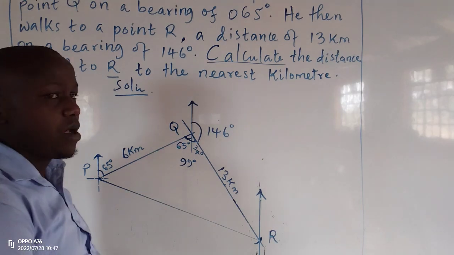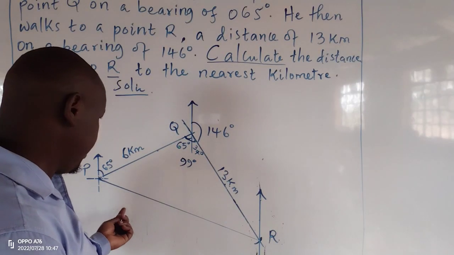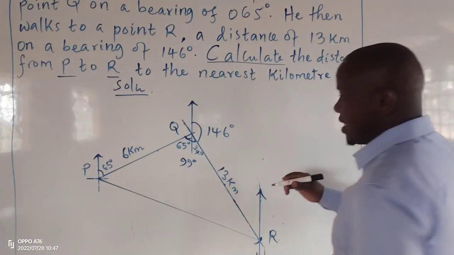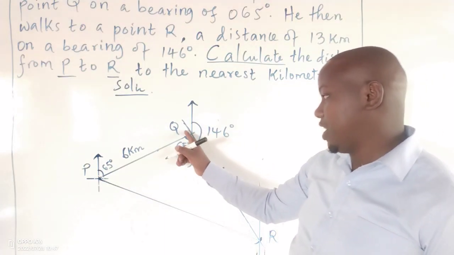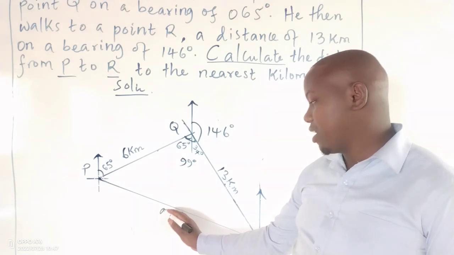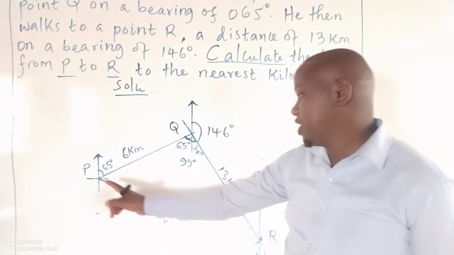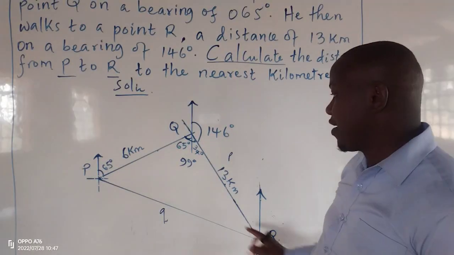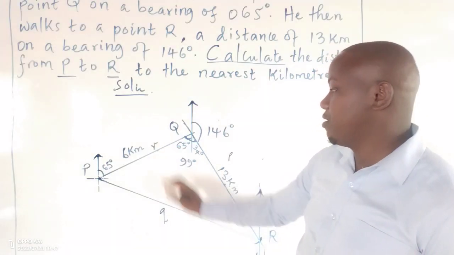This means we can obtain this line using the cosine rule. Because this is Q, the opposite side we can call it Q. Because this is P, the opposite side we call it P. And because this is R, the opposite side we can call it small letter r.